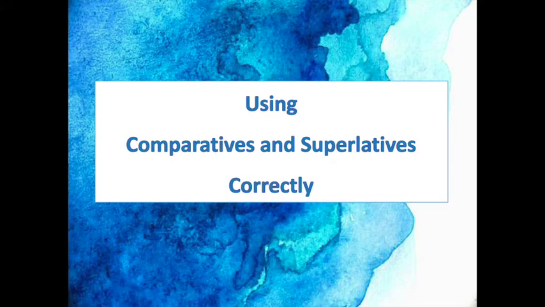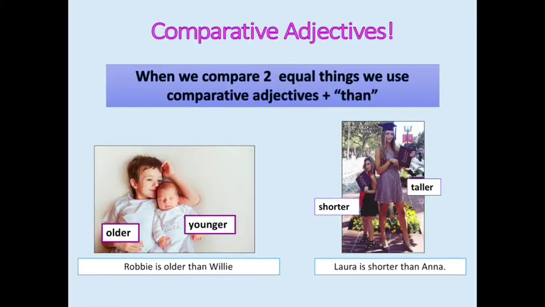So now, let's review how to use comparatives and superlatives correctly. When we compare two equal things, we use comparative adjectives and the word than. Comparative adjectives are the adjectives that usually end in ER. Here we have Robbie is older than Willie and Laura is shorter than Anna.